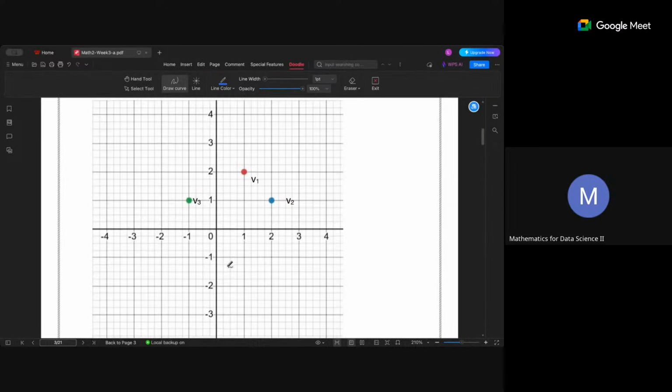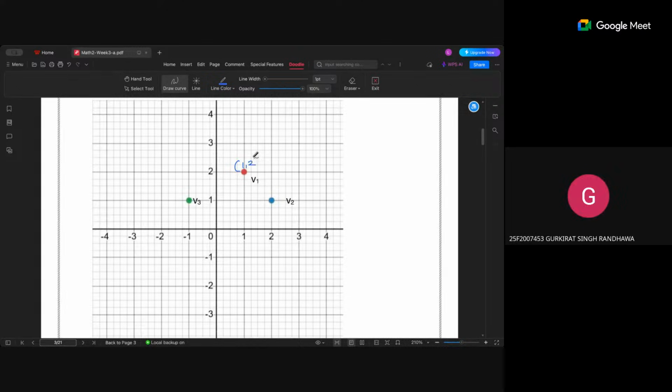So now let us look at this particular plane, right? You all know this is the rectangular coordinate system. In the rectangular coordinate system, what do V1, V2 and V3 represent? Can anyone tell? What is V1? Coordinates.